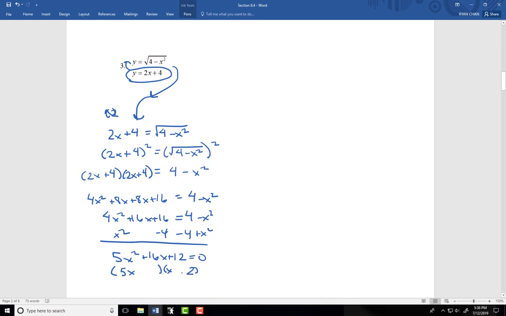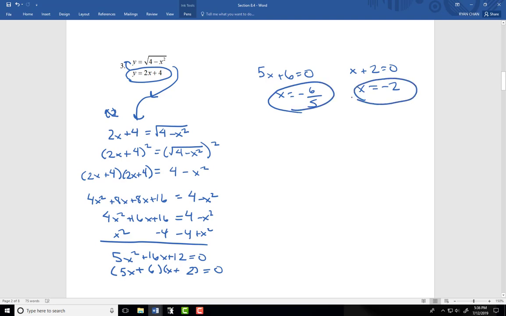Yeah, it'll definitely be 2 and 6 here. We'll solve by comparing both of them to 0. And I have these two values right here.